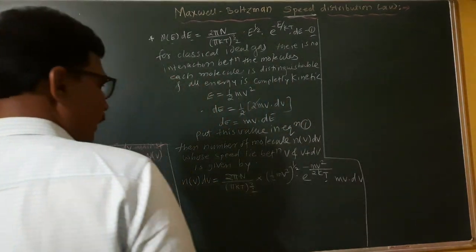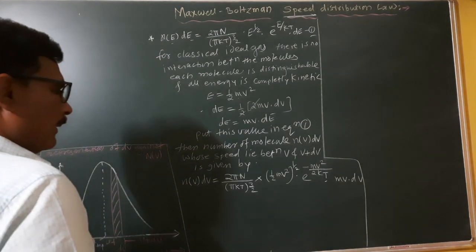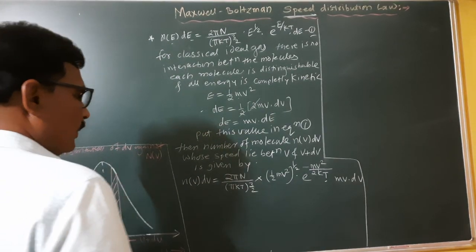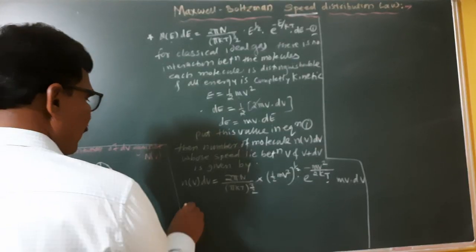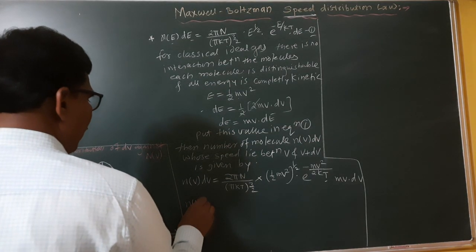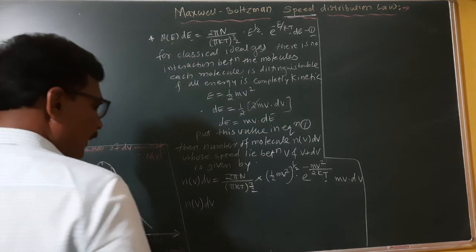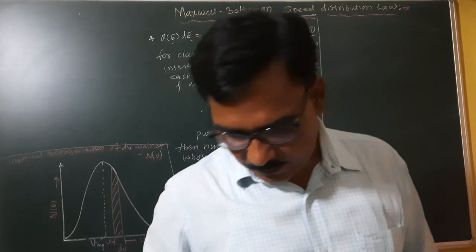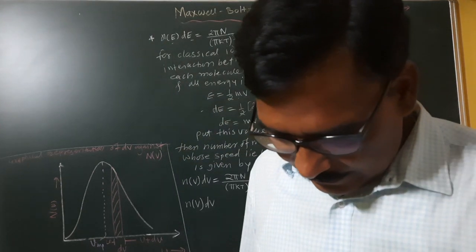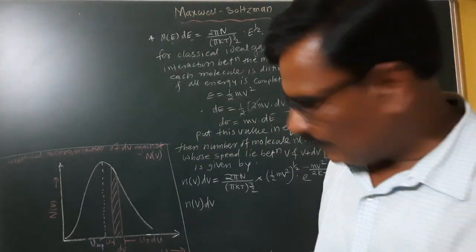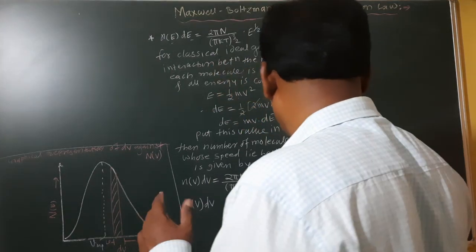Now what factors we have to cancel here? Some parameters we have to consider: n(v) dv and similar parameters. Then rearrange the terms.